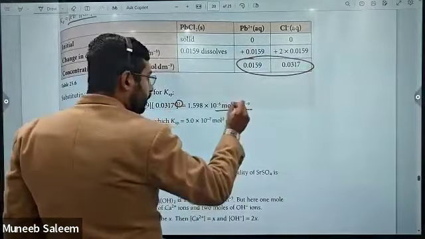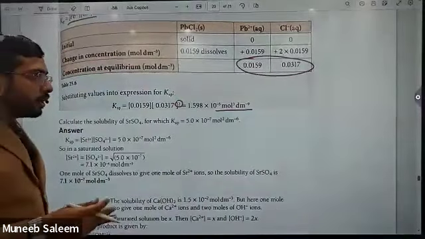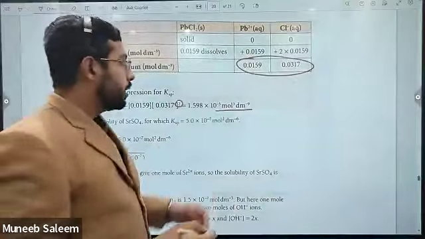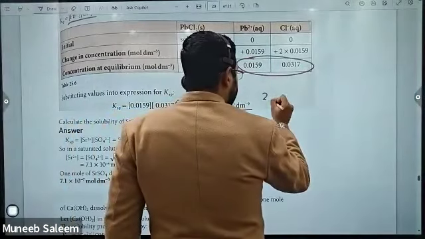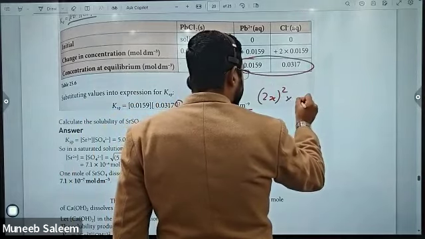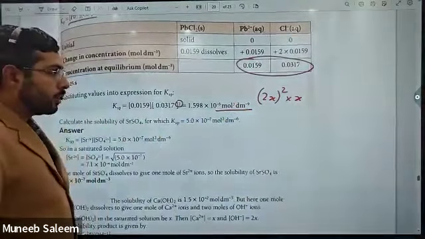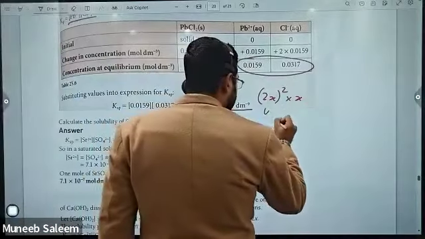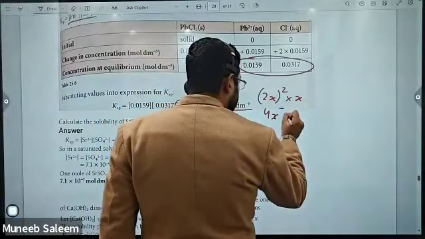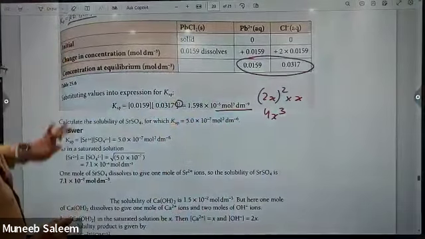Again, you can see the units are the same, mole cube per dm to the minus 9. Why? Because we have 2x whole square times x, the same thing which I told you before. As a result of this, you get 4x cube, and x is present in mole per dm cube.